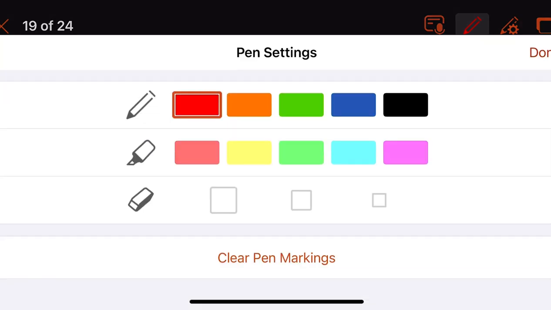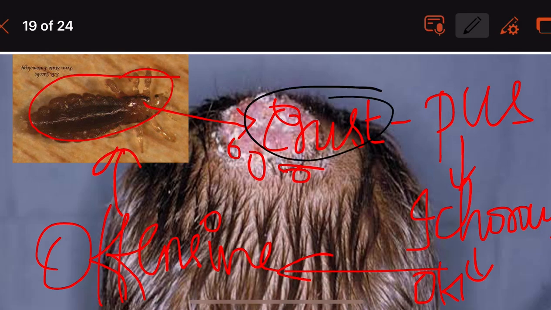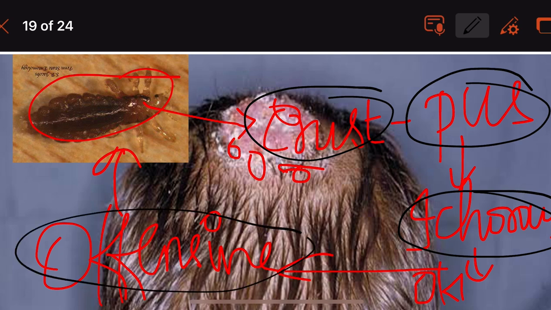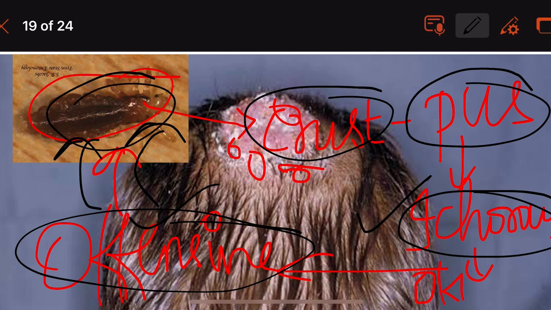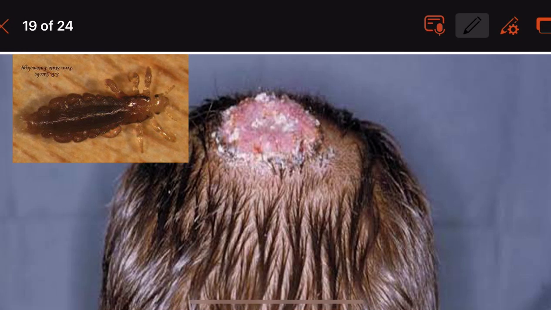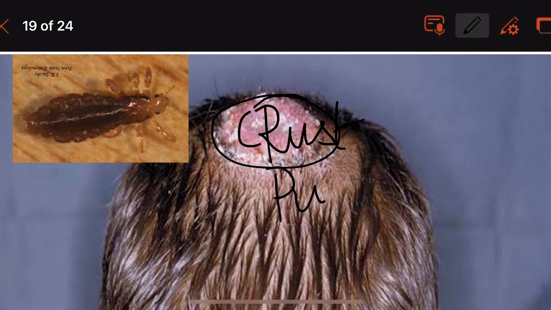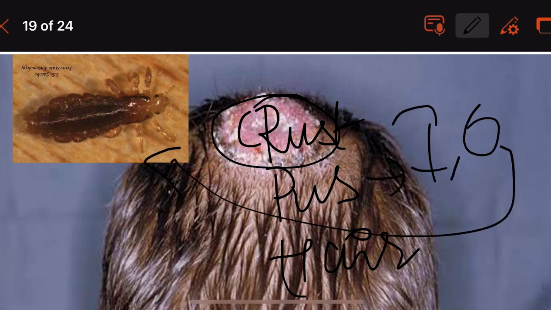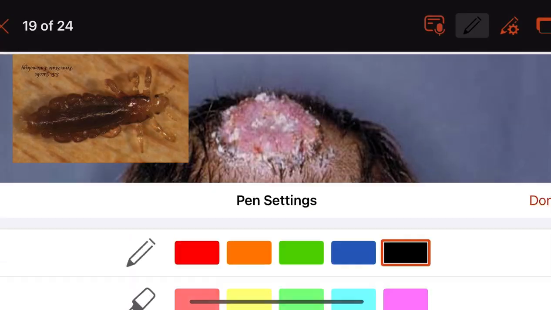Clear, guys? The crust will start collecting the pus. The pus turns ichorous and offensive and starts breeding the vermin.